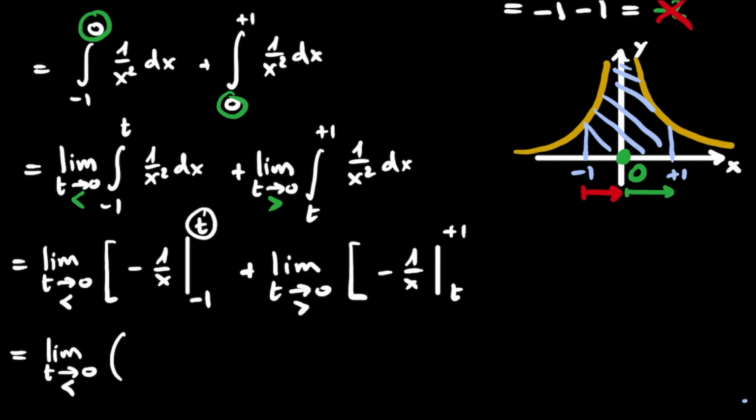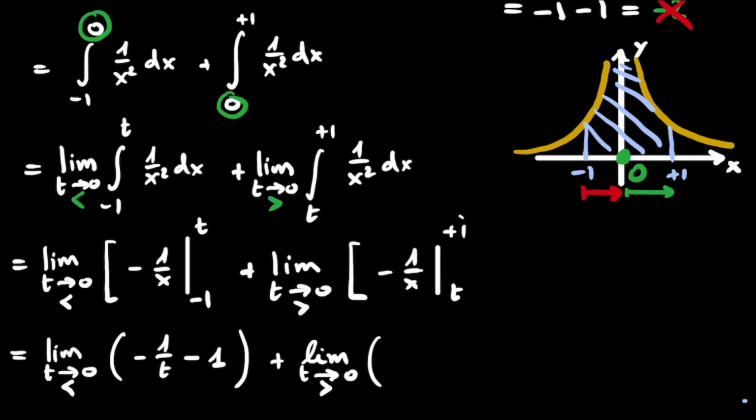We fill in t in our -1 over x, and we get -1 over t. Then we subtract from this -1 filled into -1 over x, which of course simply becomes 1. Then the same we do for the second integral, the limit from t going to 0, but now from above, of the following, filling in the upper boundary in -1 over x, this simply becomes -1. And we subtract from this, filling in t in -1 over x. This of course becomes -1 over t.